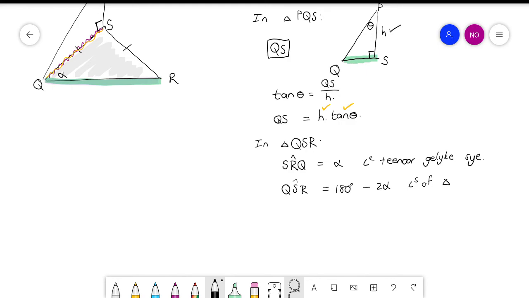Okay. So, ons het nou hierdie sy en ons het sy oorstaande hoek, né? So. En ons het hierdie sy en sy oorstaande hoek. So ek gaan die sin formule gebruik. Because we are looking for QR and that over sine of 180 degrees minus 2 alpha is equal to QS, which we have in terms of theta and H, over sine of alpha.